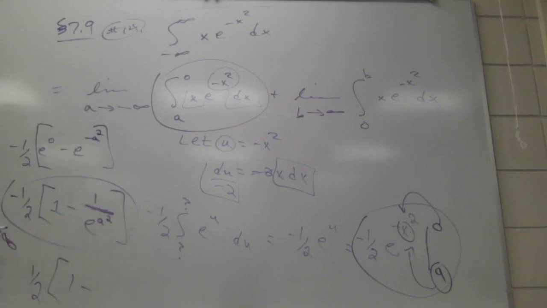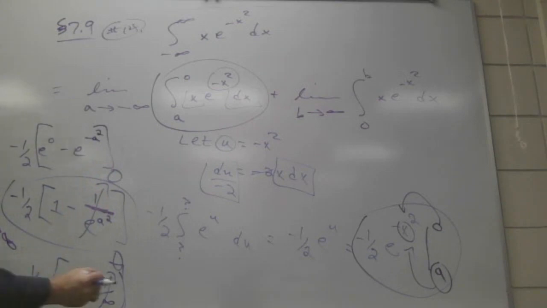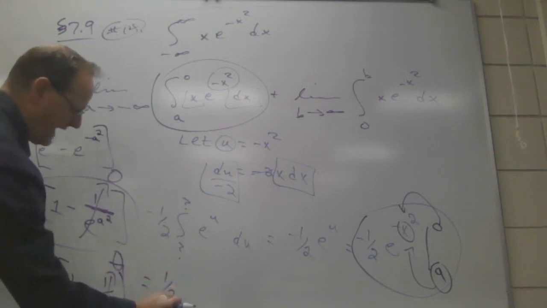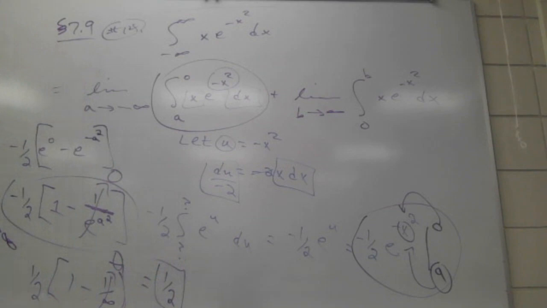This 1 over, if I've got minus infinity and I square it, it's positive infinity, it's 1 over e to the positive infinity, which is 1 over infinity. Of course, that goes to 0. So the 1 over e to the a squared, if you'd rather just put it there, that goes to 0, is fine. So this equals 1/2 on the left side.